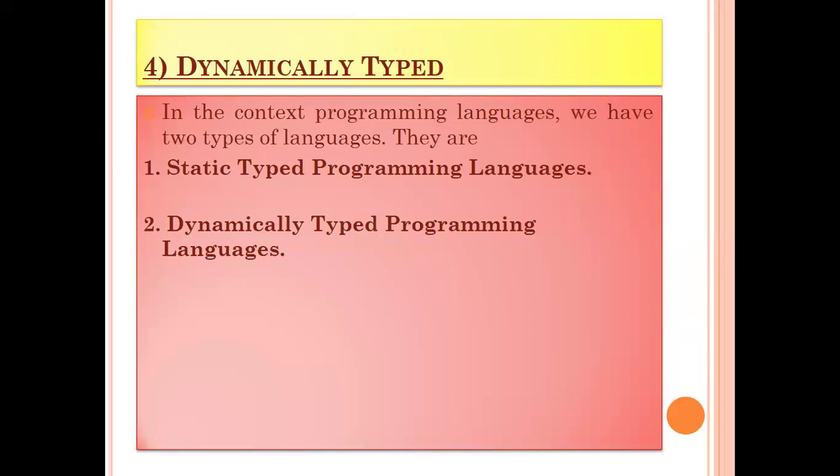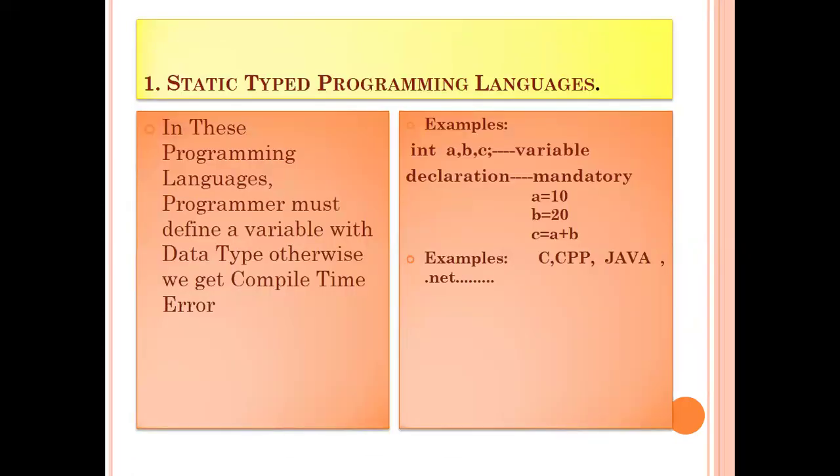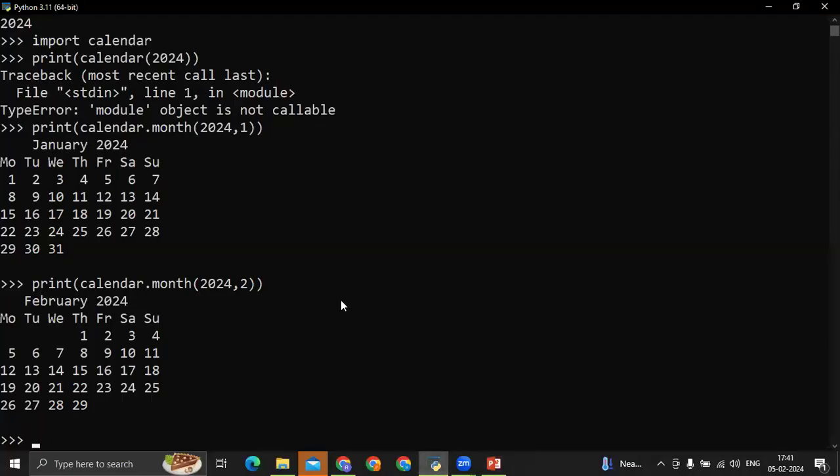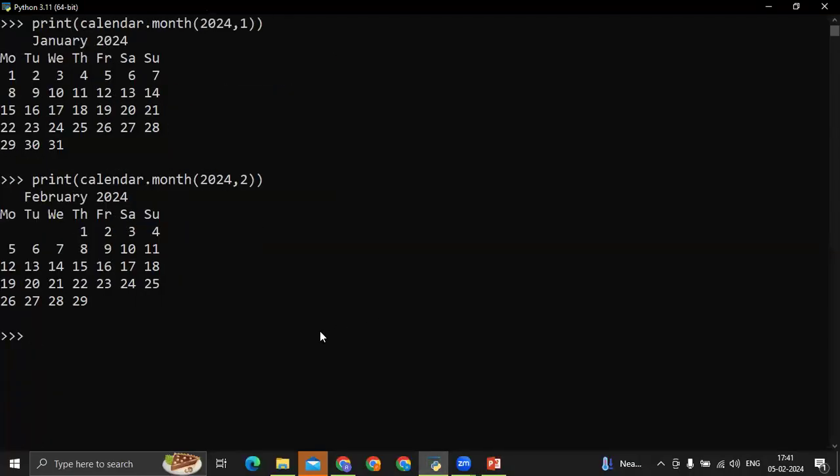What do we understand by static type programming language? When we talk about the static type programming language, like in other programming languages, we need to mention the type every time. Let me show you. Here we are using A is equal to 10, B is equal to 20, and C is equal to A plus B. Now I'm writing print A, comma, type of A. So I am getting, this is the class integer.